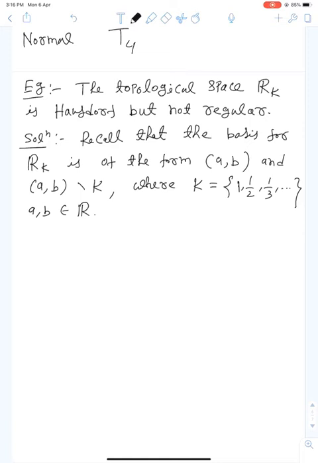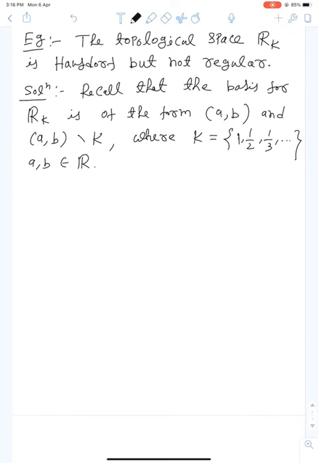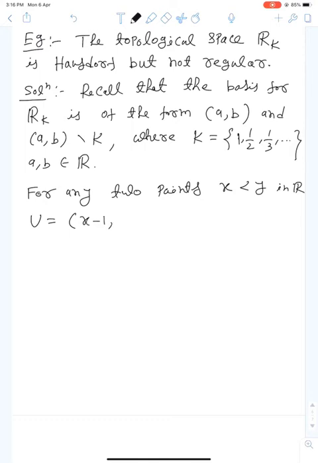Now it is easy to see that it is Hausdorff, because for any two points x less than y in R, we can choose U equal to (x minus 1, (x plus y)/2) and V equal to ((x plus y)/2, y plus 1).